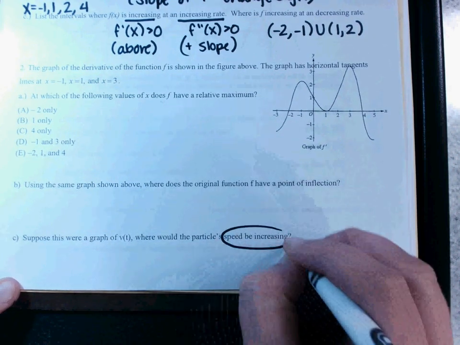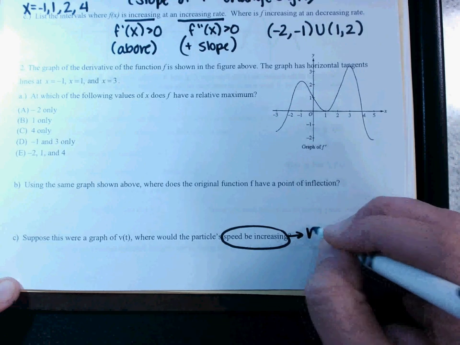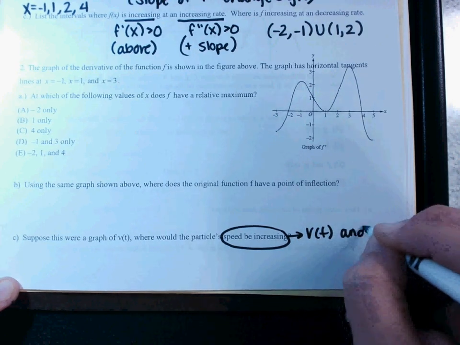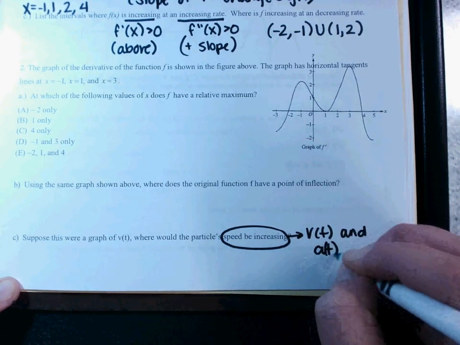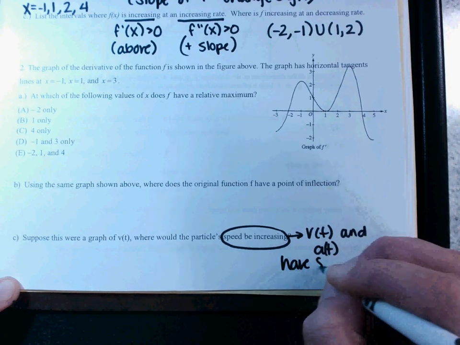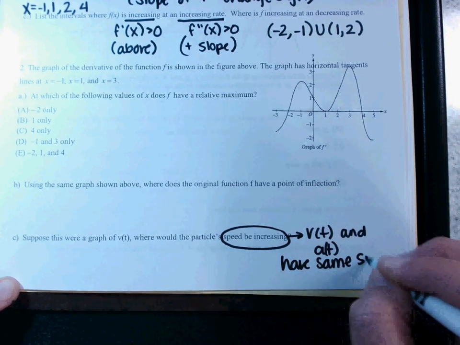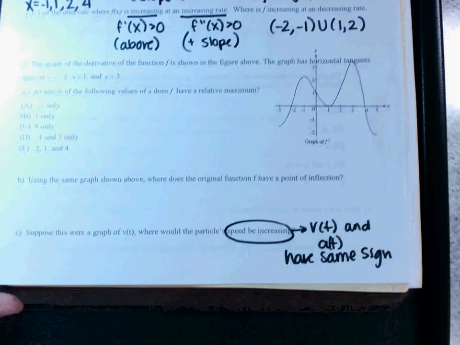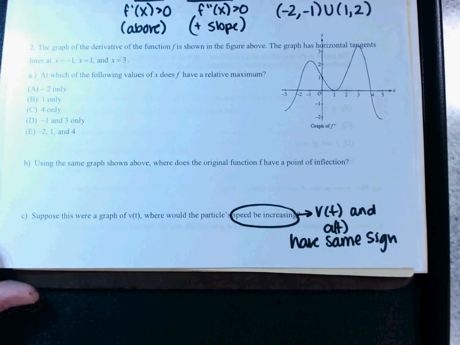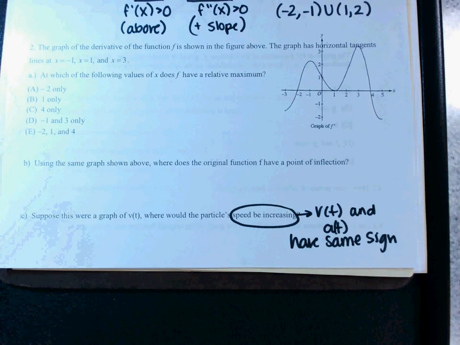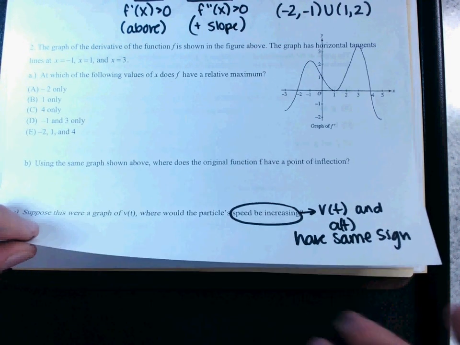I'm not going to do this one, but your V of t and A of t need to have the same sign. So you should be looking for places where it's above with a positive slope or below with a negative slope. Okay? Go ahead and turn the page, please.